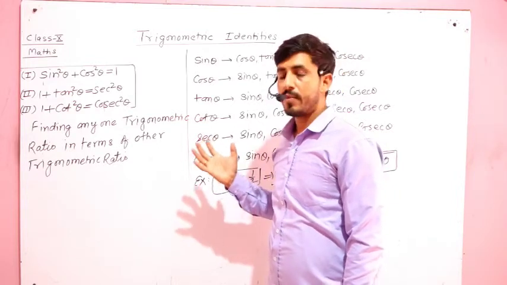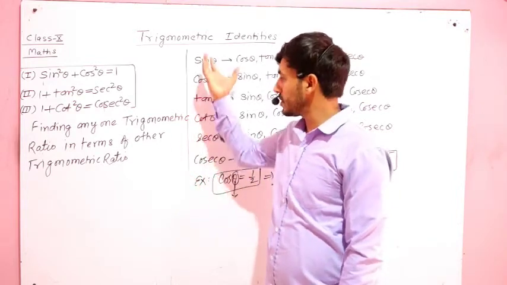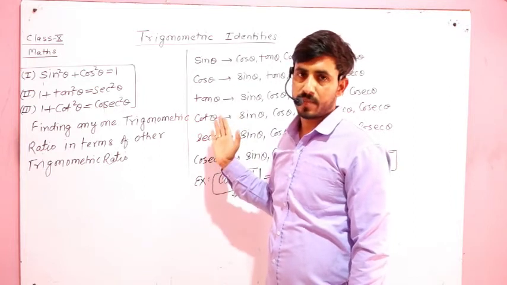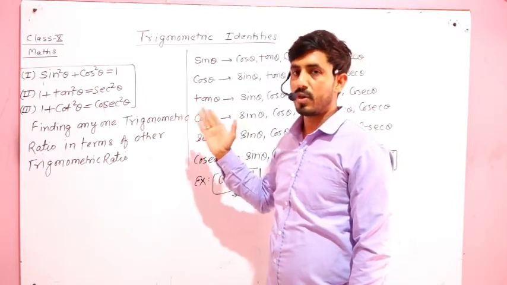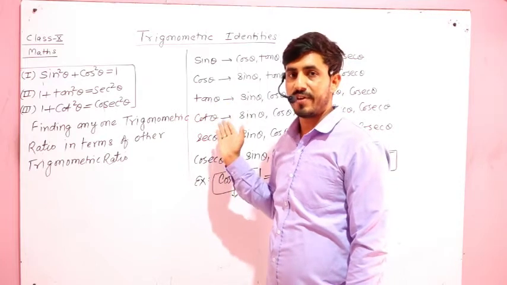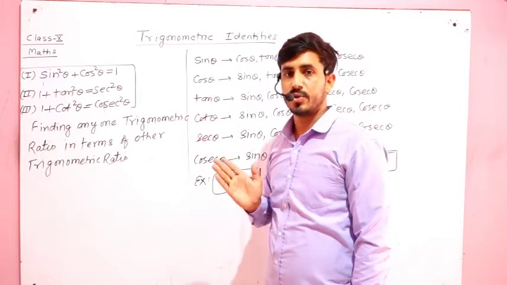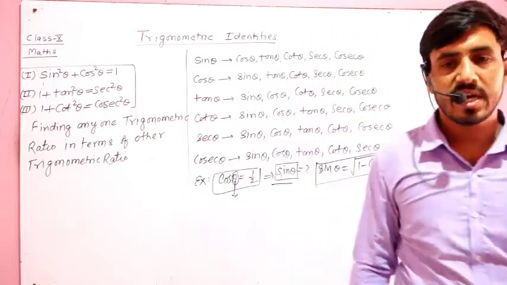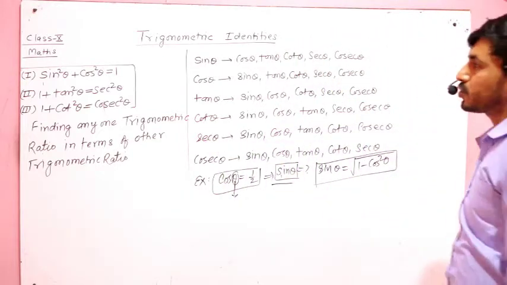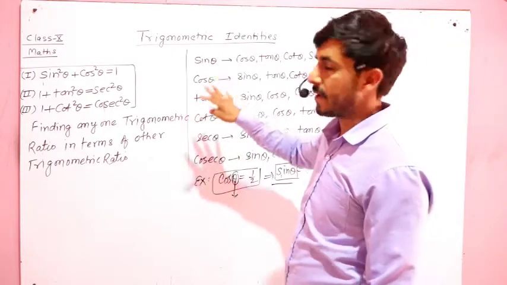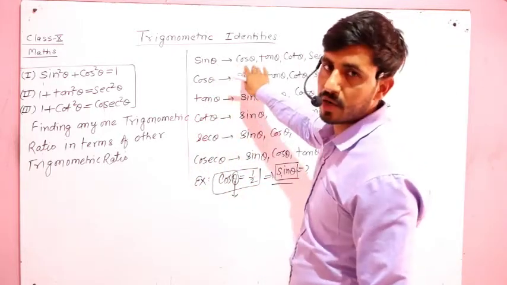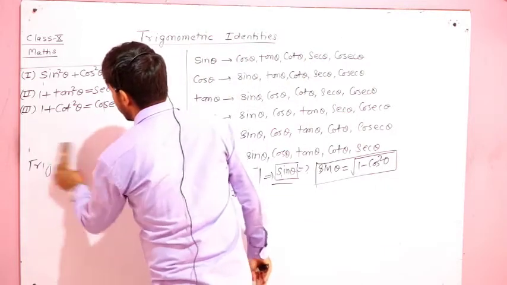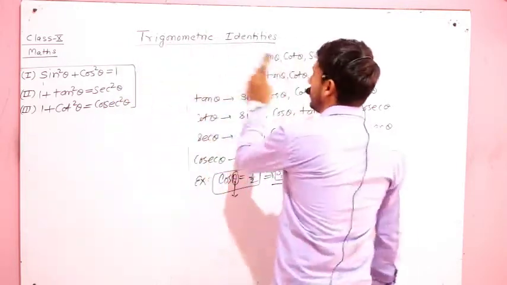Now I am going to make a table for these relations and you have to remember the whole table. Our target in this class is to obtain the table for different trigonometric ratios.